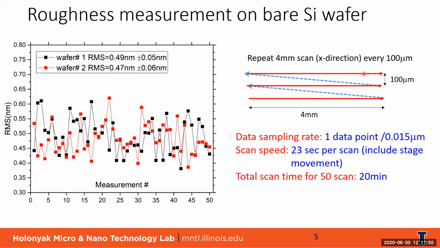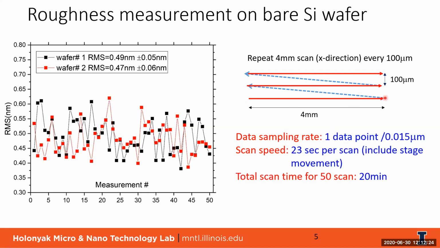I repeated this 50 times, again using the same data sampling rate. Each scan takes 12 seconds, and moving back to the starting point takes a similar amount of time. So to repeat one scan, we need about 23 seconds, and to do it 50 times takes about 20 minutes.